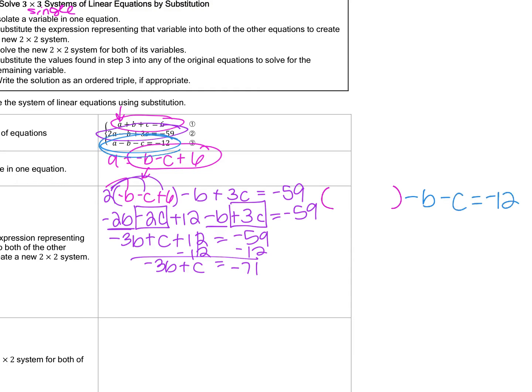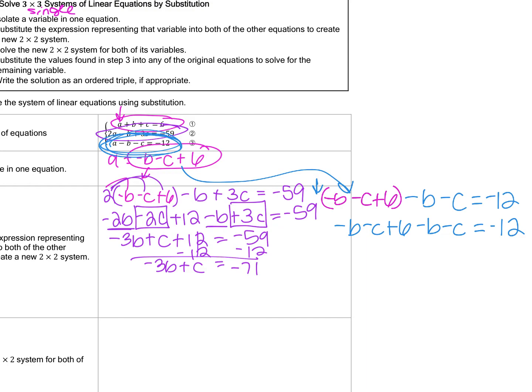So again, I'm using this equation, and in place of a, I'm going to substitute that in. That's negative b minus c plus 6. Notice I don't need to distribute on this one because there's nothing in front of my parentheses. So I'm just going to rewrite negative b minus c plus 6 minus b minus c equals negative 12.